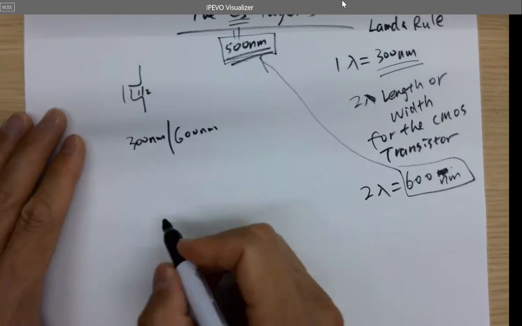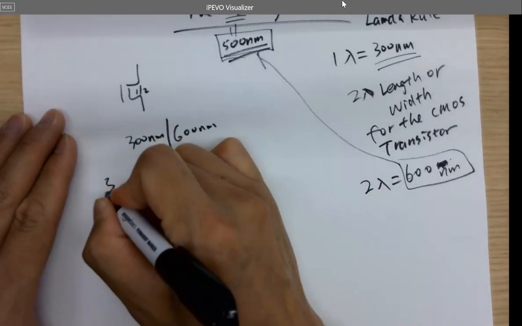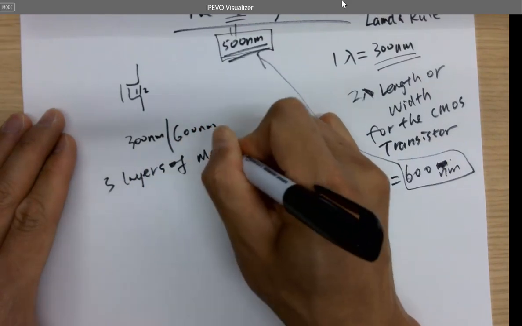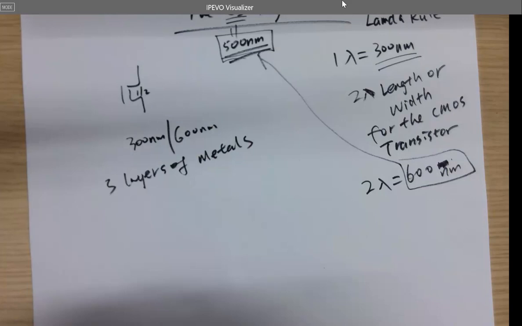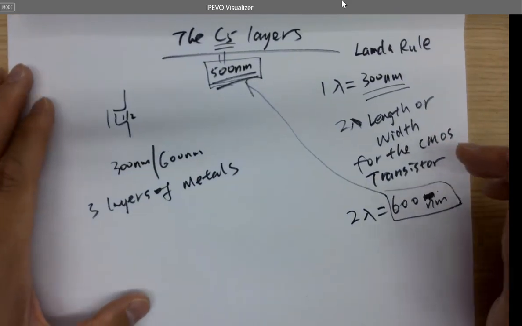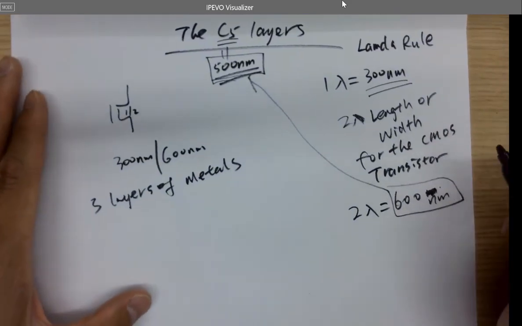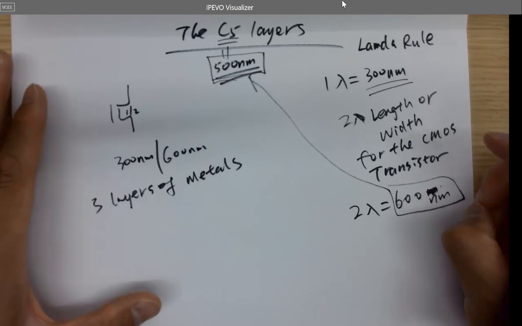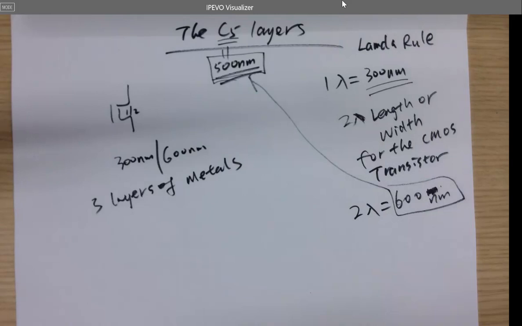And there's three layers of metals. That's the most important feature you need to know whenever you hear new technology. You want to know how many metal layers they have. So for C5, they have 3. For different technologies, they may have like 5 or 6, which is being written in the NDA. I couldn't disclose it.